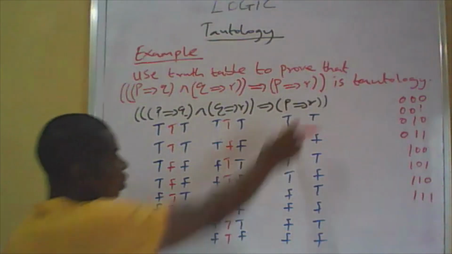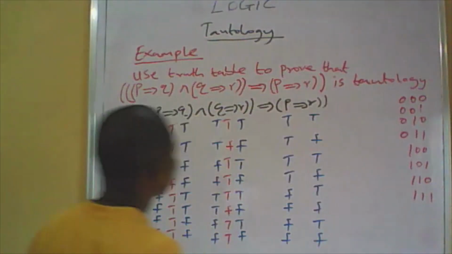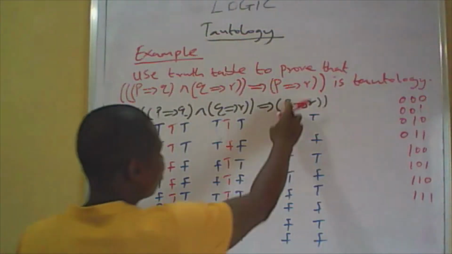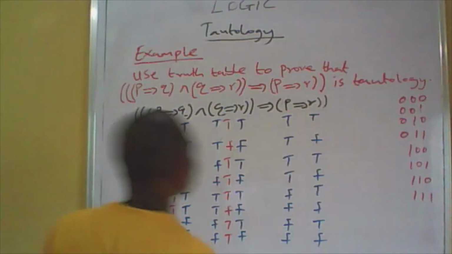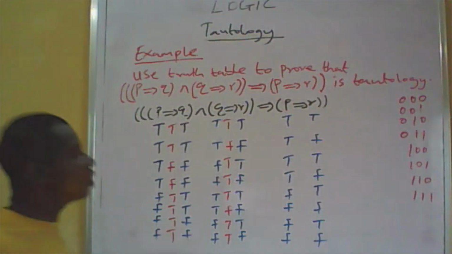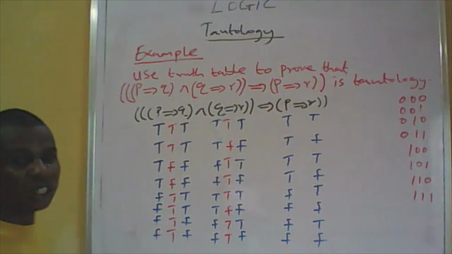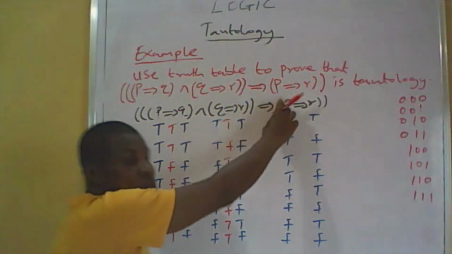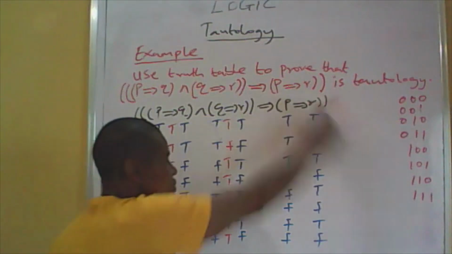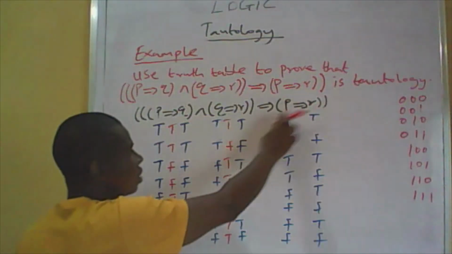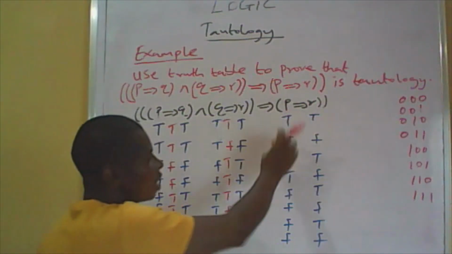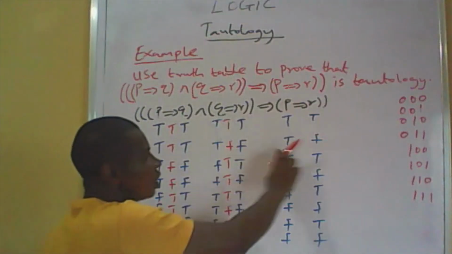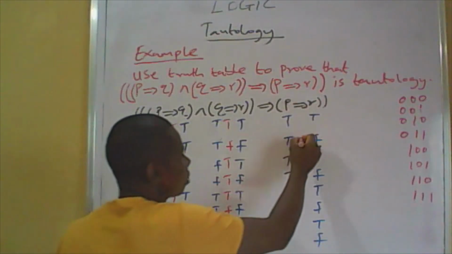Now let us evaluate this compiled statement here. We have P implies R. That means anywhere P is T and R is F, you know that it is going to be F. That means the antecedent is truth, the consequent is false. Here you have TF, that means here P is T, R is F, so it is F here.